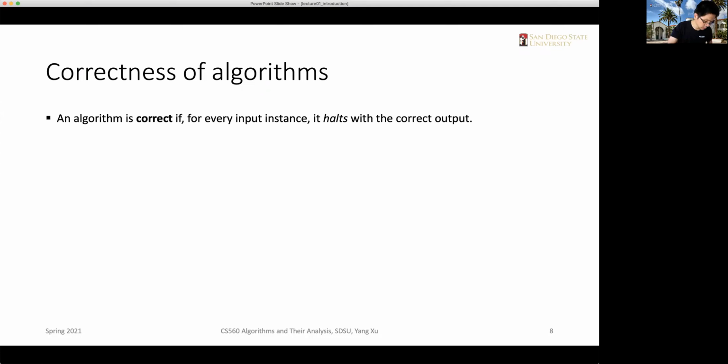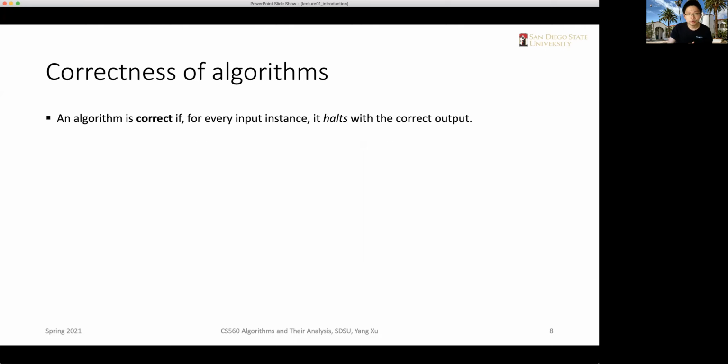In this course, correctness is important, but it is not the core of analysis. Given an algorithm, we will examine its correctness using simple examples.